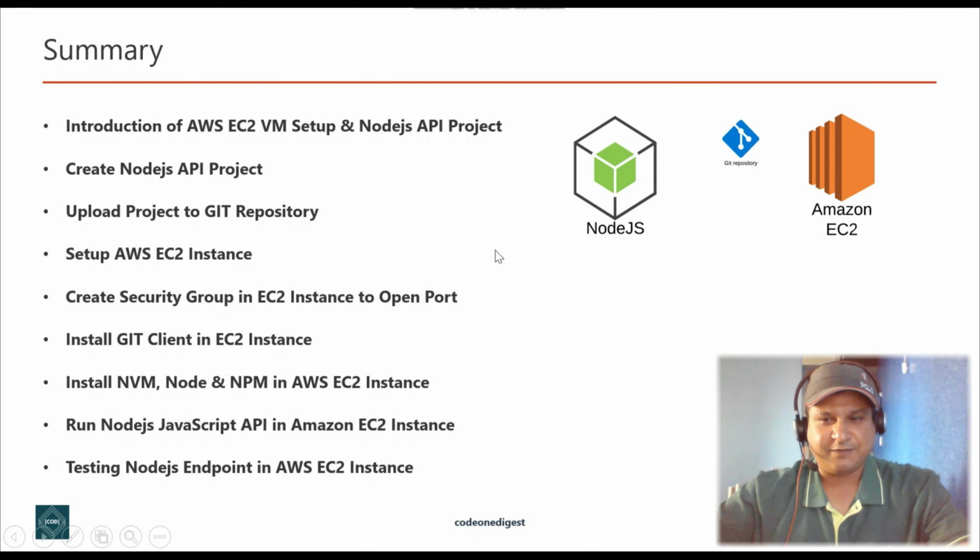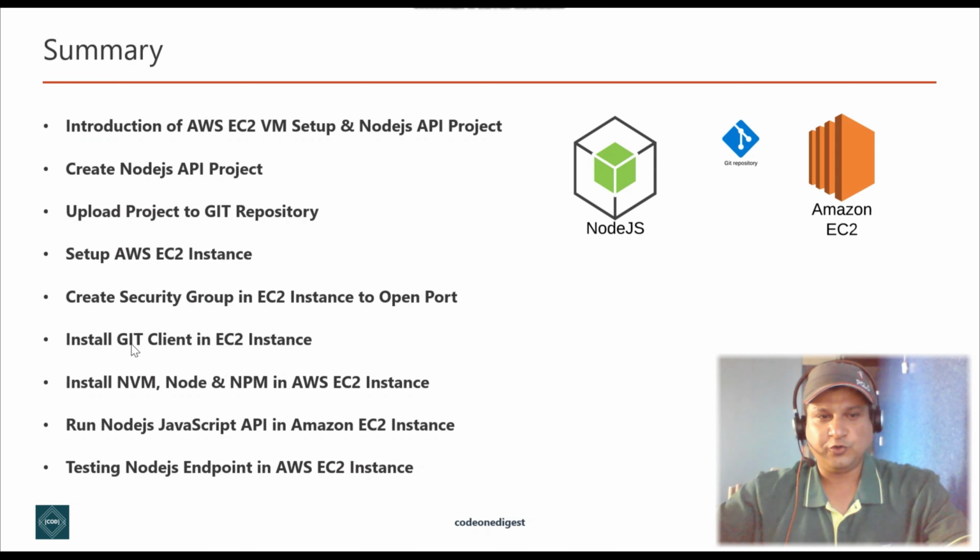Okay, friends, now let me summarize what we learned in this tutorial today. I gave you an introduction to AWS EC2 VM setup. Then I showed you how to create a Node.js API project. Finally, we uploaded that project to a GitHub repository. Then I explained step by step how to set up an EC2 instance, how to create a security group, and how to open a firewall for port 8080.